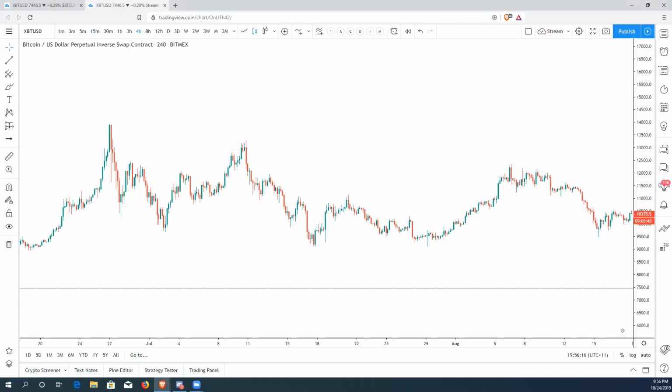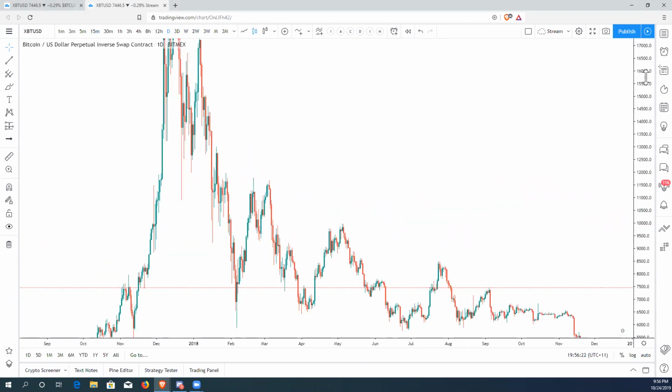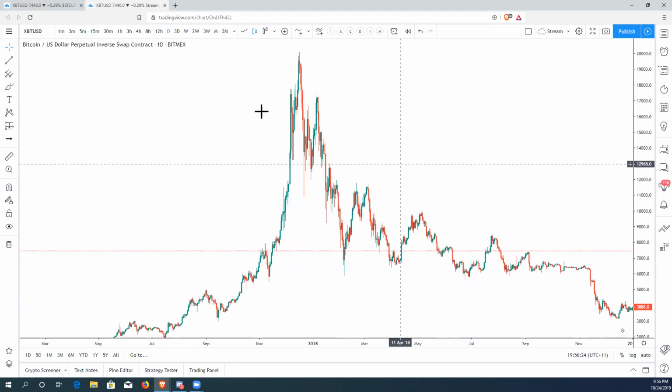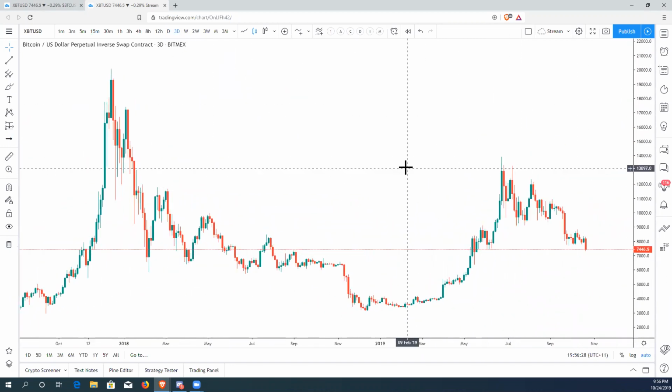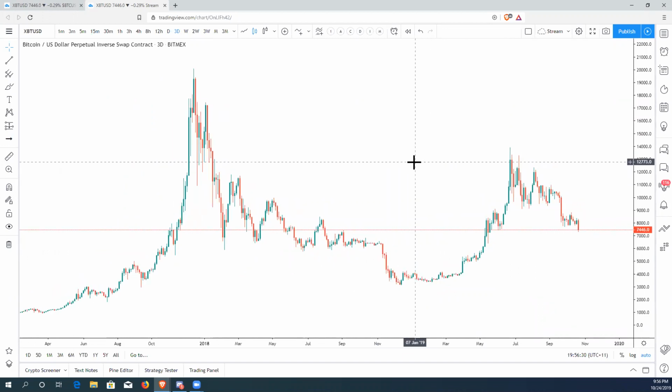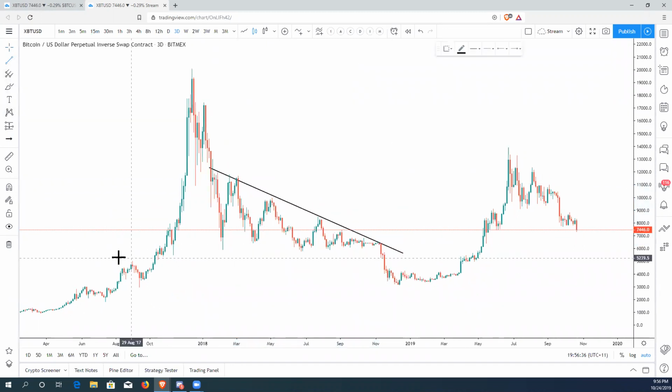Yep. Sweet. All right. We'll cover symmetrical triangles, descending triangles, and ascending triangles. The easiest ones to pick have been the ones of the market in 2018, which was our nice and simple descending triangle here.